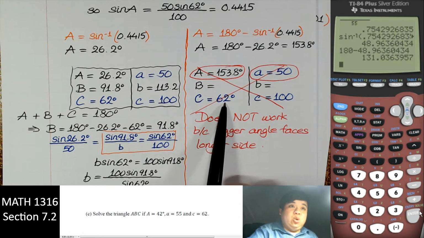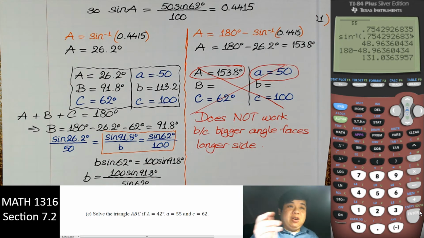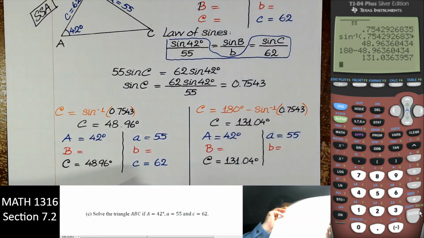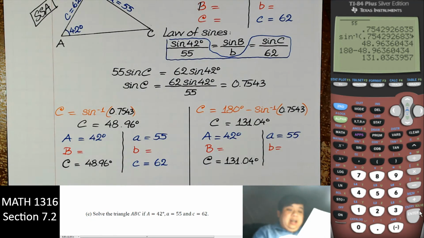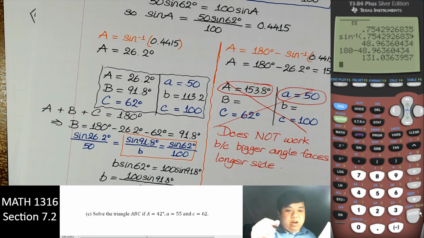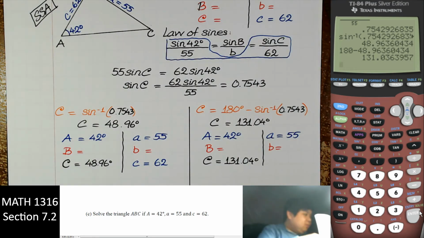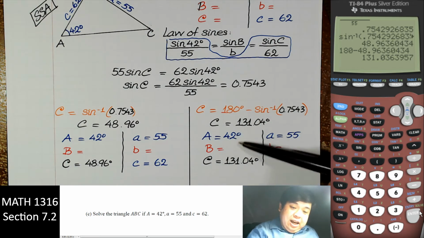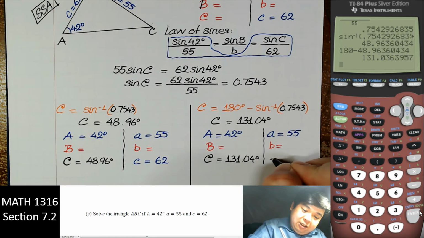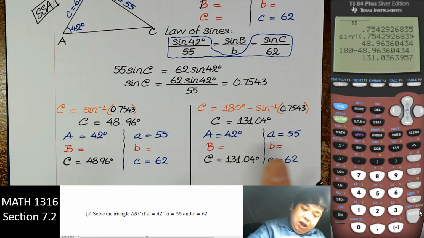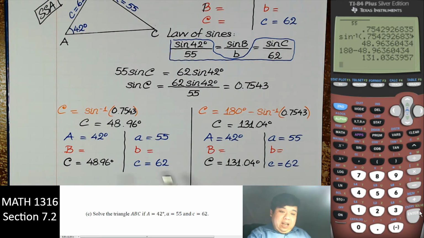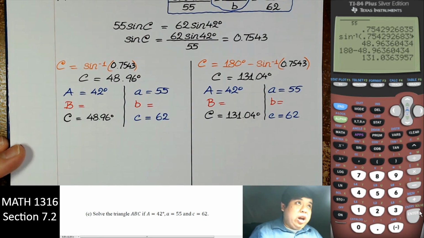That's why we know it doesn't work either, right? Because all the angles have to add to 180. If it's more than that, it doesn't work. Along with the bigger angle having to face the longer side. So that's what we can check. In here, they add up to less than 180, which is good. And bigger angle, longer side, that's also good.